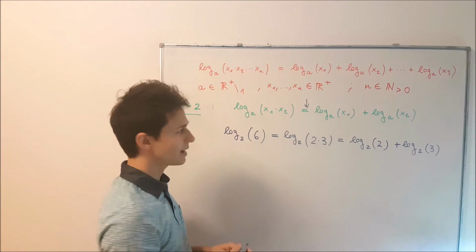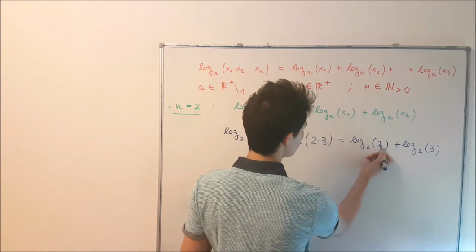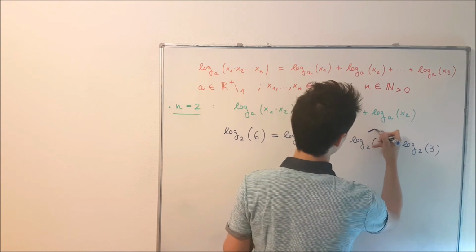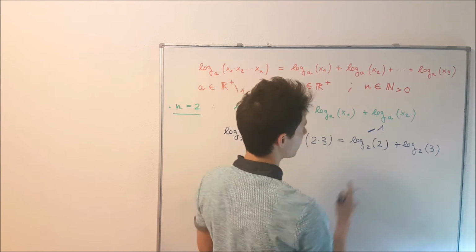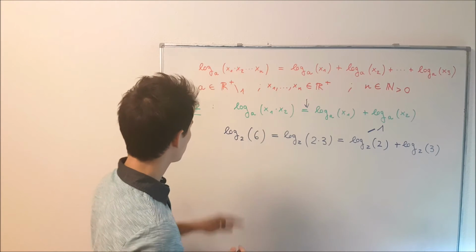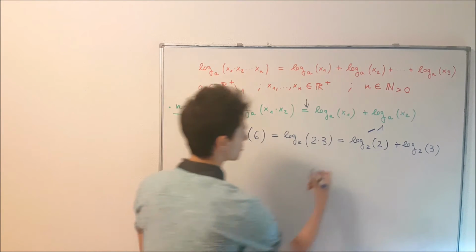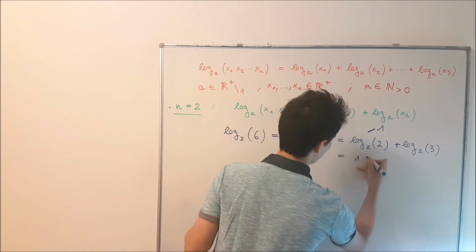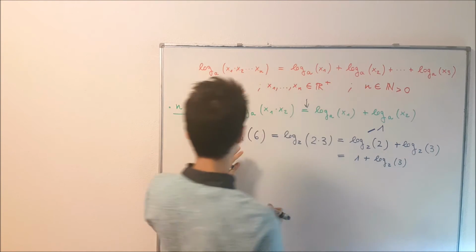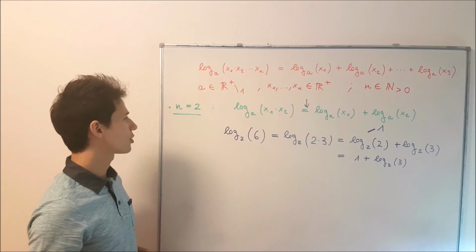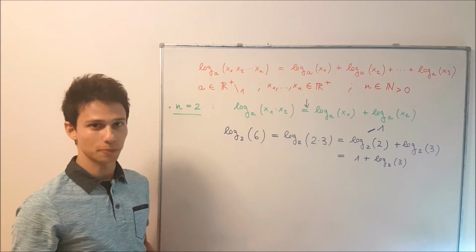And what you notice is that the log to base 2 of 2 has to be 1 because 2 to the power 1 will equal 2. So now we can rewrite this logarithm simply as 1 plus log to base 2 of 3. So that's a simple example of how you can use this product rule.